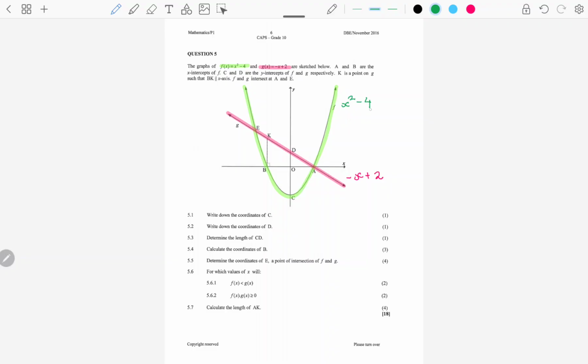And the x-intercepts of f are A and B, and C and D are the y-intercepts. So C is the y-intercept of the green graph, and D is the y-intercept of the pink graph.